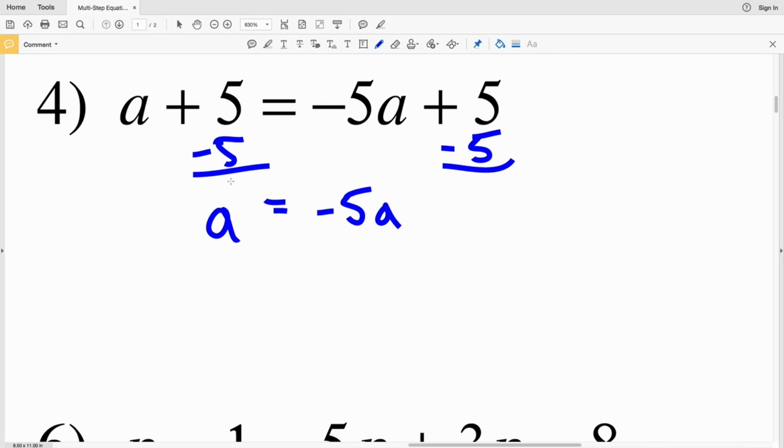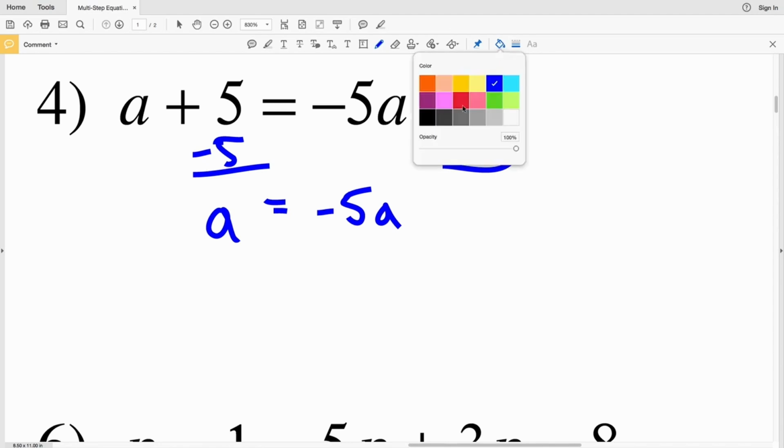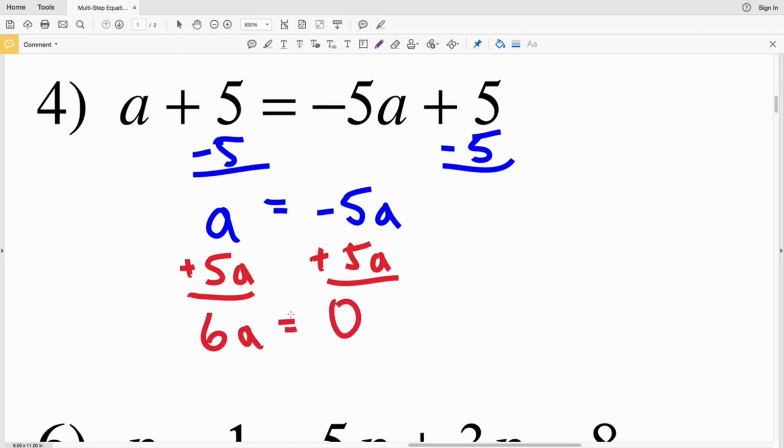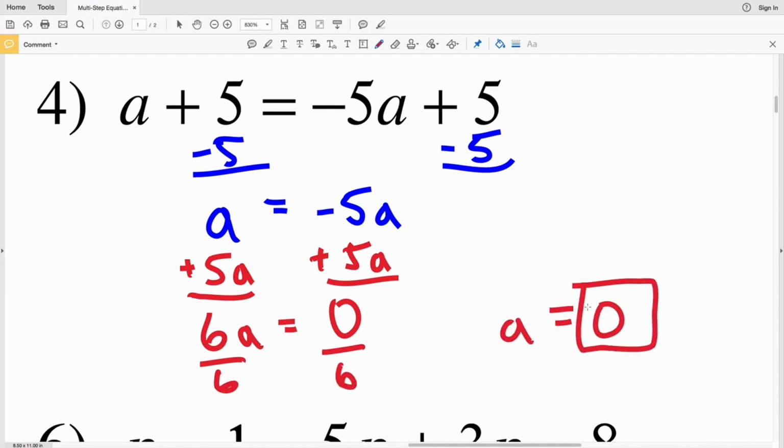Now I can move this negative 5a to either side, so I'll add 5a to both sides. A plus 5a is 6a, and negative 5a plus 5a is 0. My last step is to divide by 6, which gives me a equal to 0 for number 4.